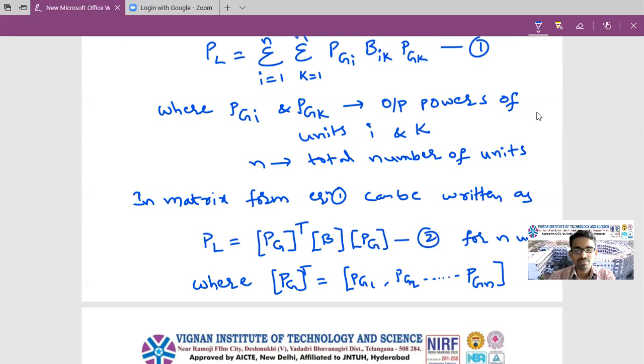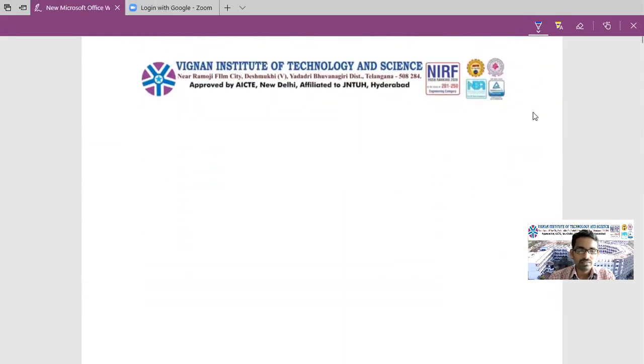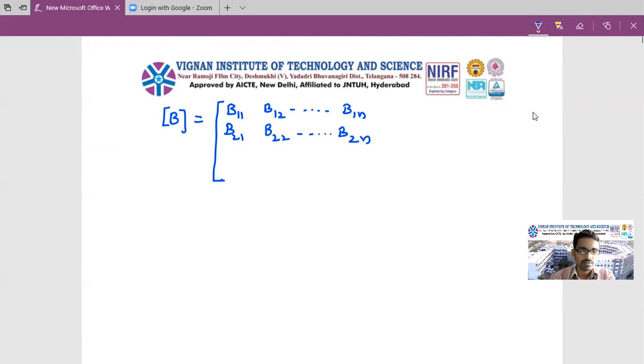And B is nothing but the transmission line coefficients: B11, B12, so on up to B1n, and B21, B22, so on up to B2n, and so on like this up to Bn1, Bn2, so on, Bnn.